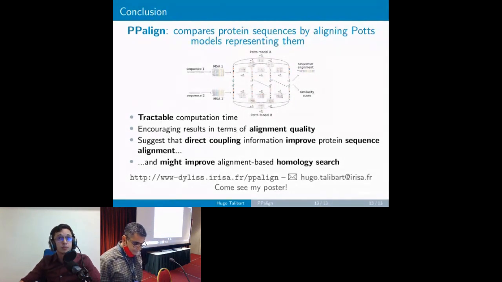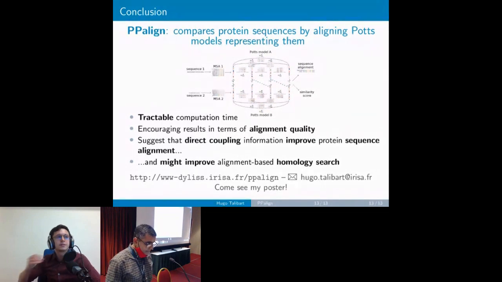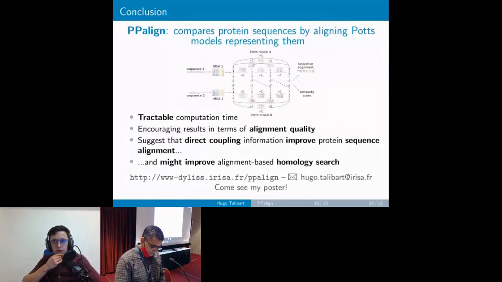That would be a different problem, but I think it's possible if we see the contact map as a kind of POTS model where the parameters would be 1 if there's a contact and 0 if it's not a contact, but I don't know how it would work in practice. I mean, it would change a lot on the similarity function that we would use. I think it's possible. It's a different problem, I think.